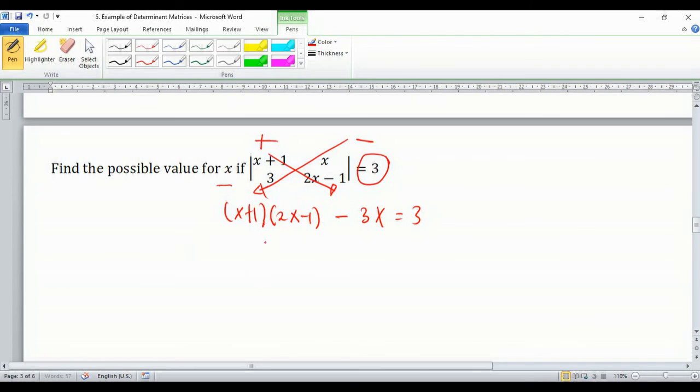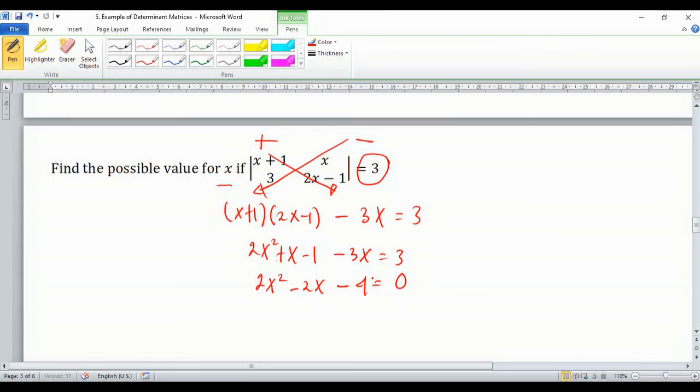So we need to multiply this first: 2x squared minus x plus 2x minus 1 minus 3x equals 3.